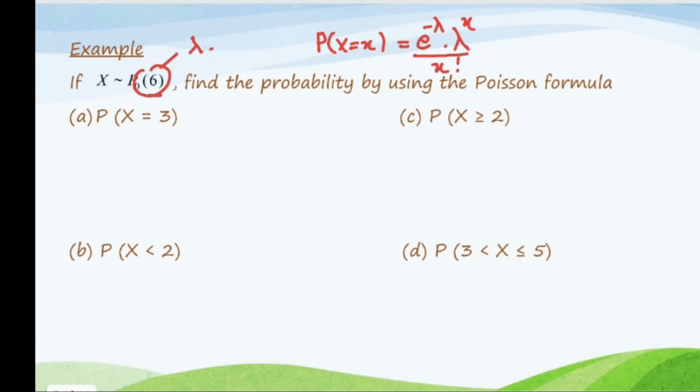So P(X = 3) is e to the power of negative 6 multiplied with 6 to the power of 3 over 3 factorial.